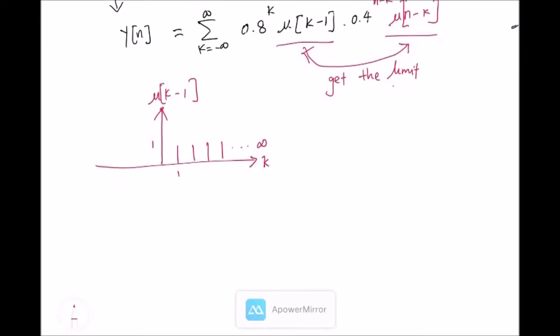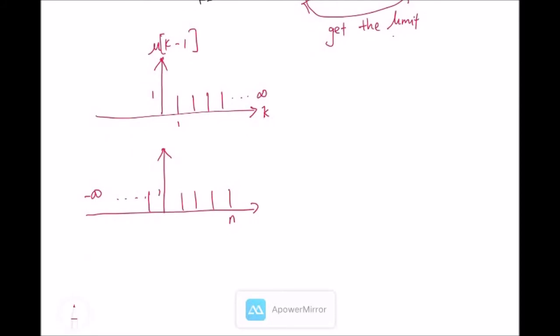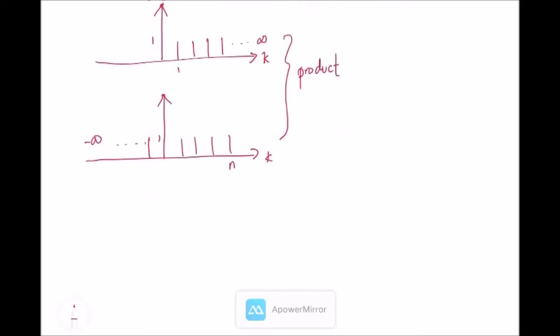And then for u n minus k, the value from n to negative infinity is still 1. So these two you multiply. Then what do you get?